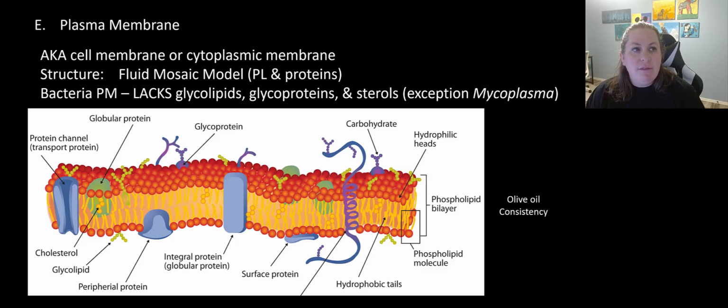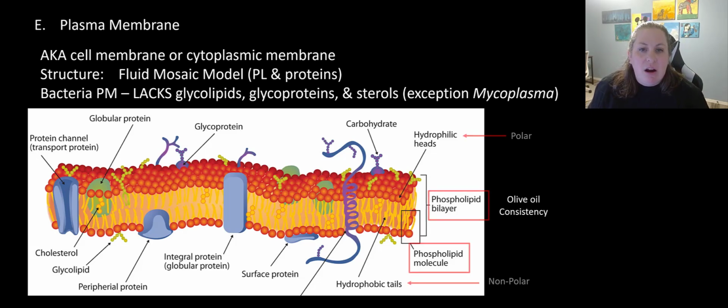The structure of the plasma membrane is known as the fluid mosaic model, and this is because it's made out of these structures that you see in the orange and yellow called phospholipids. So the PL there stands for phospholipid. These phospholipids are going to have a polar end and a non-polar end. So the heads in the orange like water, and the yellow tails are hydrophobic and they don't like water.